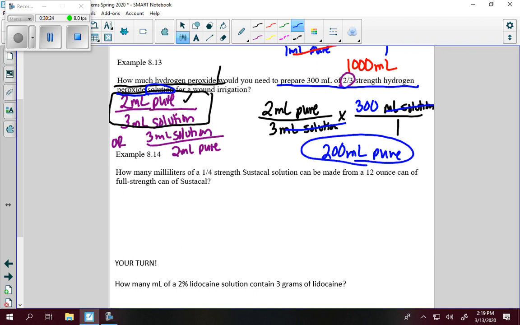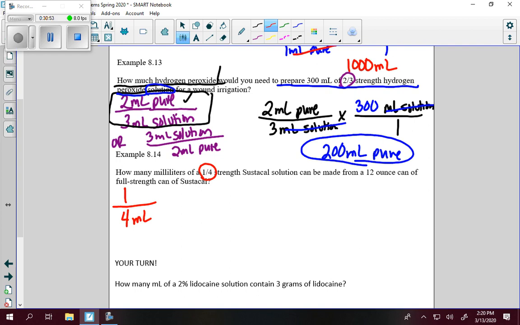Okay, the last one I'm going to do for you today will be this one, and it says, how many milliliters of a 1/4 strength Sestical solution can be made from a 12-ounce can of full-strength Sestical? So what I'm going to do is the same thing that I have been doing in this 1/4 here. I'm going to put 1/4 milliliters, and then I'm looking to see whether it's going to be milliliters or gram, and since it's a Sestical solution, I'm not sure if it's milliliters or gram.